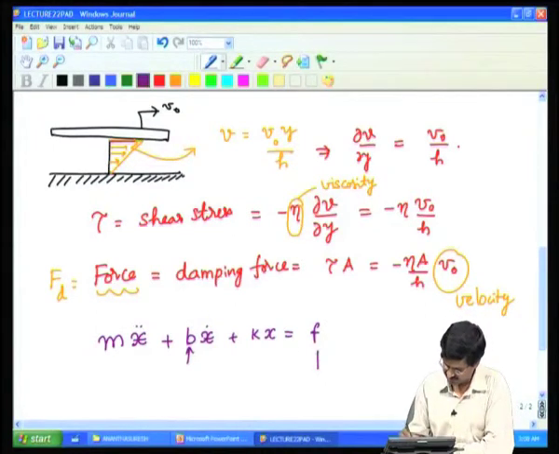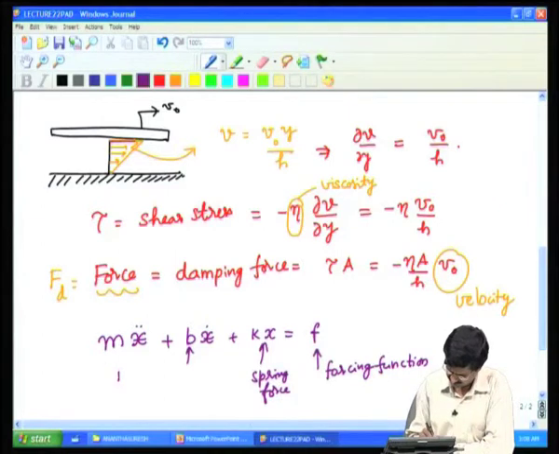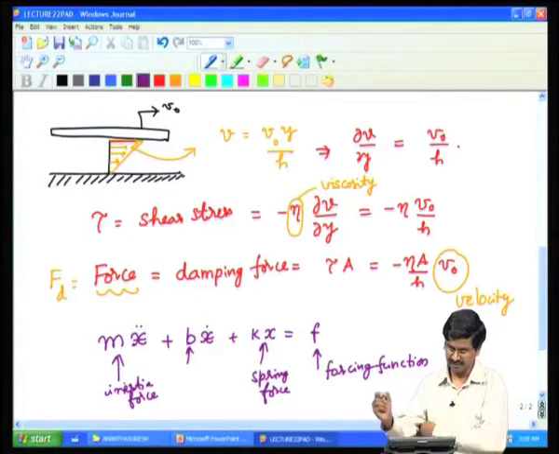This is the forcing function, the force that we have applied externally, this is the spring force, and once again, to recall, this is the inertia force. Now, what is this?